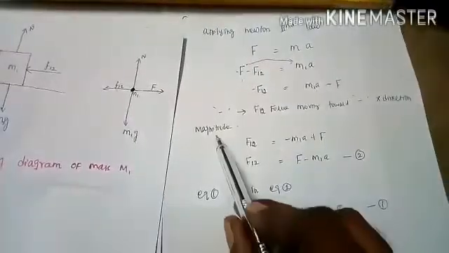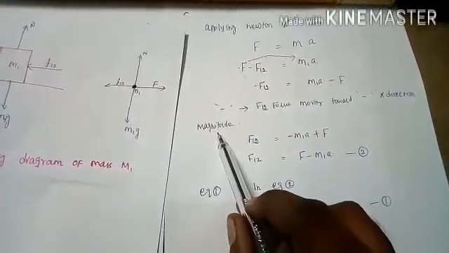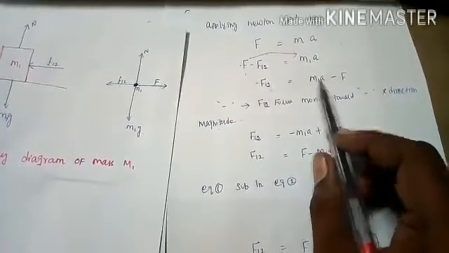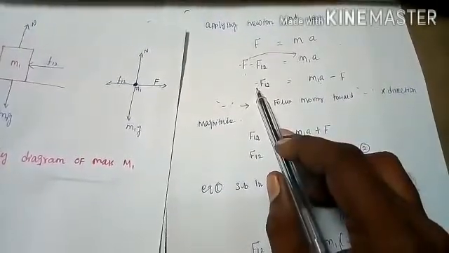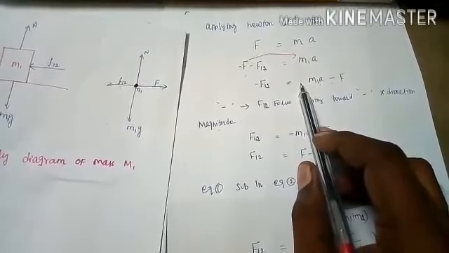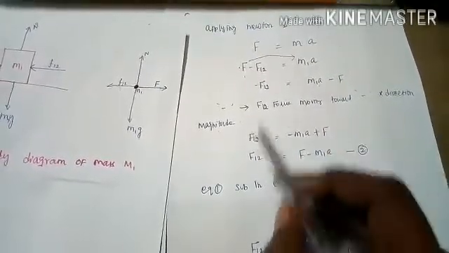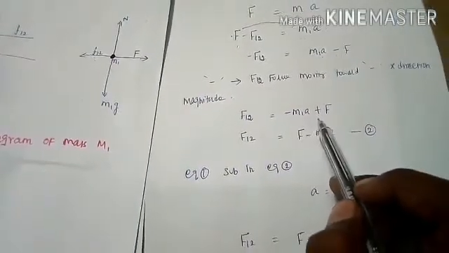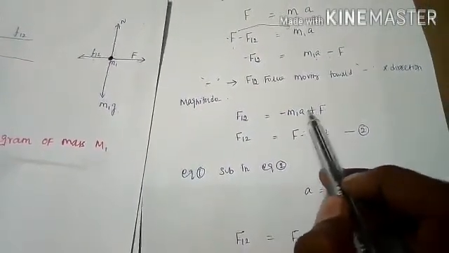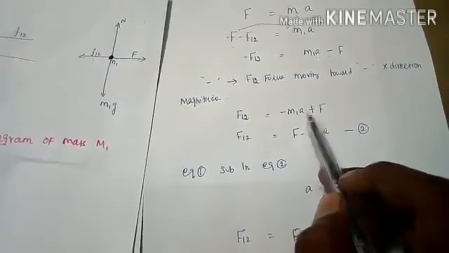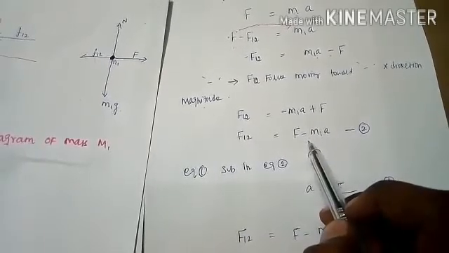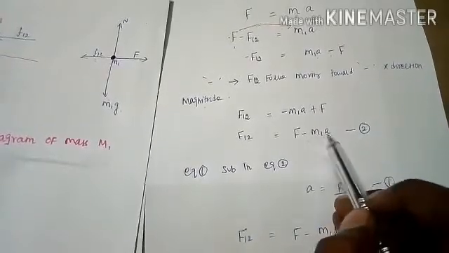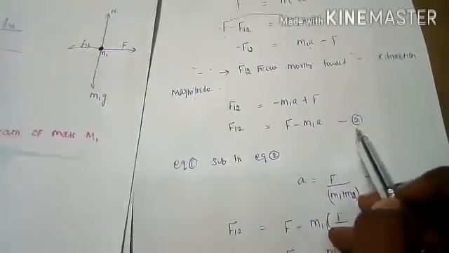Now I want to calculate the magnitude. Multiplying both sides by minus, F12 equal to minus m1a plus F. This can be written in a convenient form: F12 equal to F minus m1 into a. This is equation number 2.